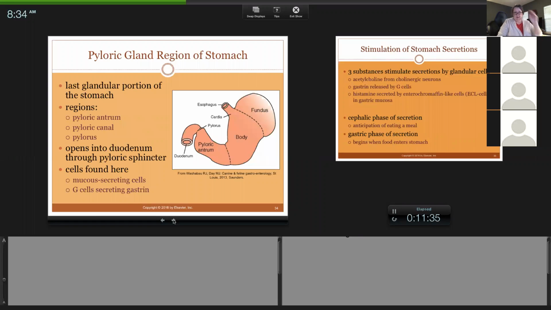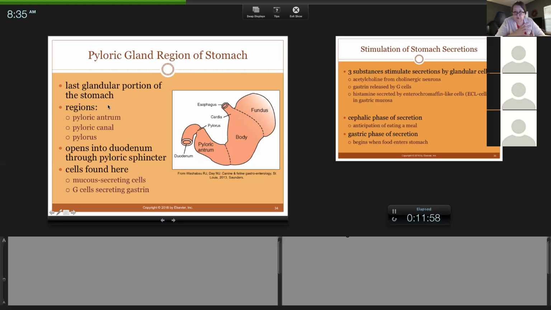Now, as the chyme is being created, it's going to naturally start to move in one direction. We're going to go to this thing called the pyloric antrum. That is the last glandular portion. This word is important, glandular.